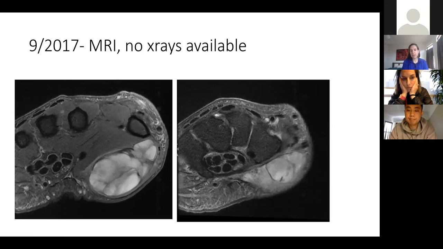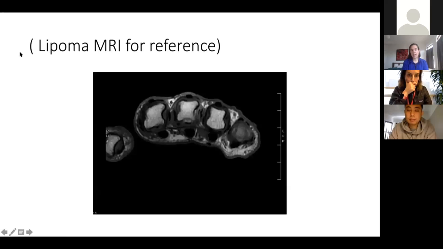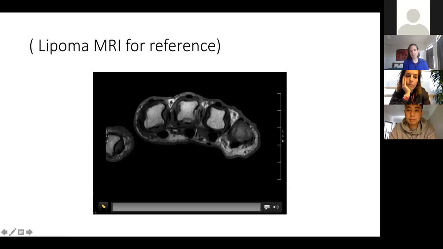The heterogeneity is very concerning, making you worried that this could be an aggressive lesion. And so a biopsy would be really important to get next. I think you could get a core biopsy in the office. At this time, I sent him for an FNA just because that was more my workflow at that time. If I saw the same patient today, I'd probably get a core biopsy in the office.